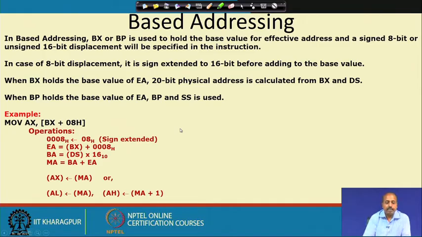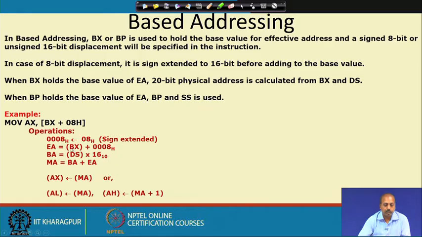Then there is the based addressing mode, where the base register BX can be used to give the offset part. So, BX will hold the effective address, and the 20 bit physical address will be calculated from BX and DS, like here. With this BX, 08 hex will be added.